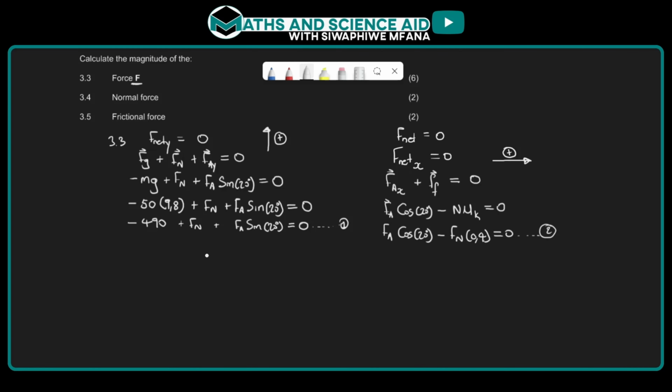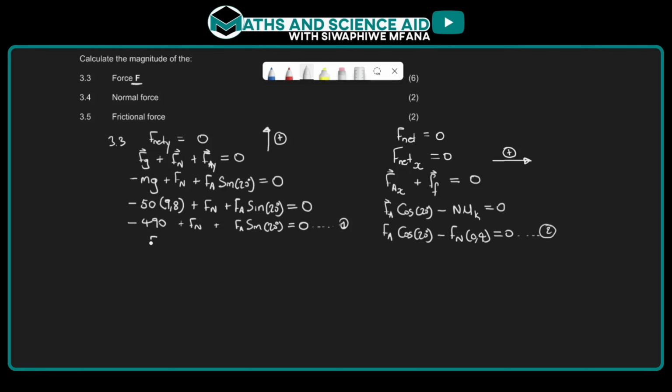And so, of course, there is a variety of ways that one can use to solve a simultaneous equation. But for this one, here is a method that I would advise. We want to find our applied force Fa. So what I am going to advise that we do is we rewrite this equation and make Fn the subject of the formula. So we can do that as follows.